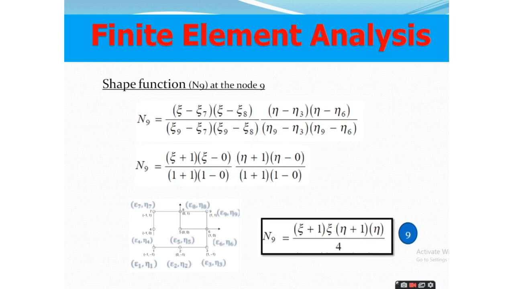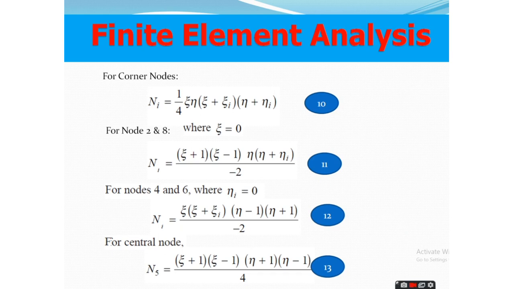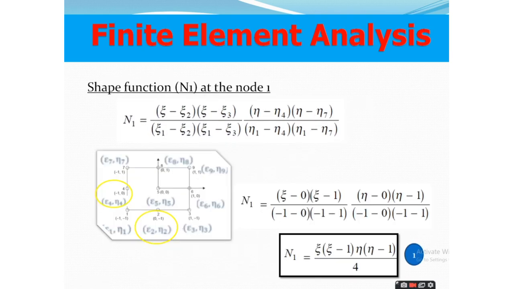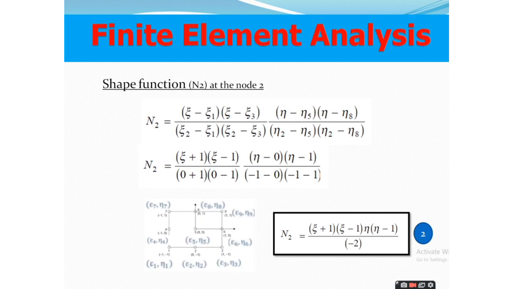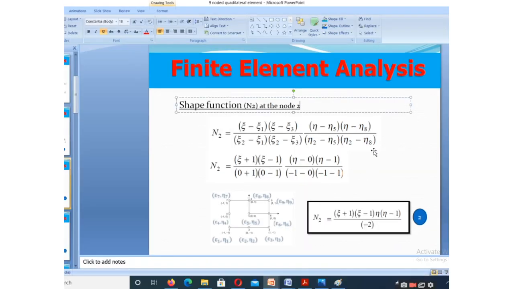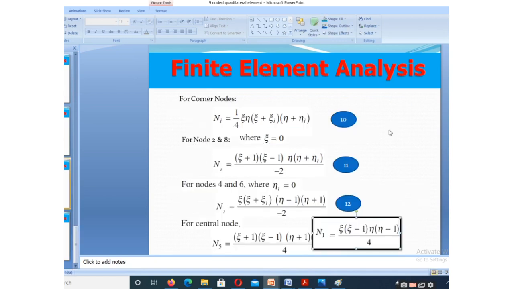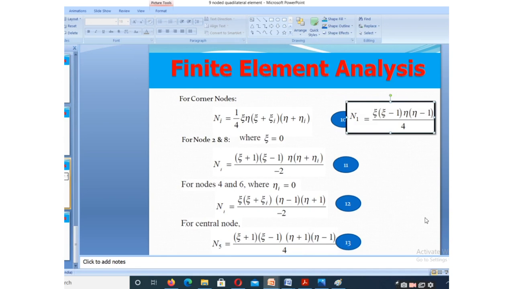Similarly, you get the equations for all the nodes. For the corner nodes, the equation is in the form Ni = 1/4 (eta eta_i)(eta + eta_i)(psi psi_i)(psi + psi_i). To compare, we'll take node number 5's equation, copy it and paste it here.